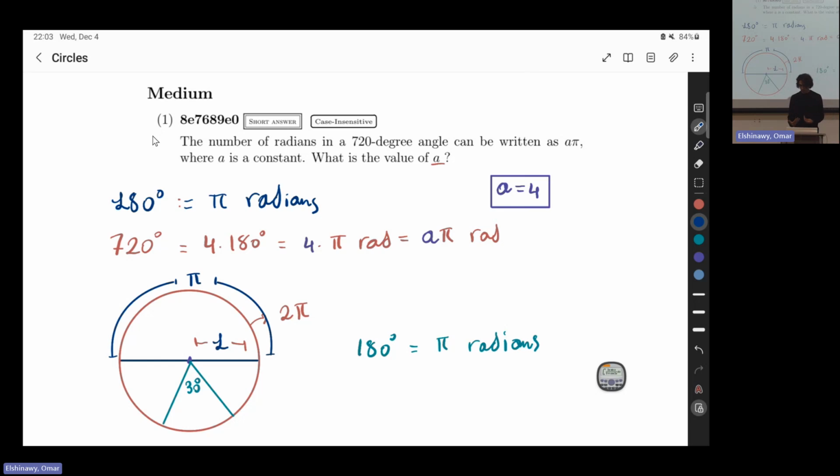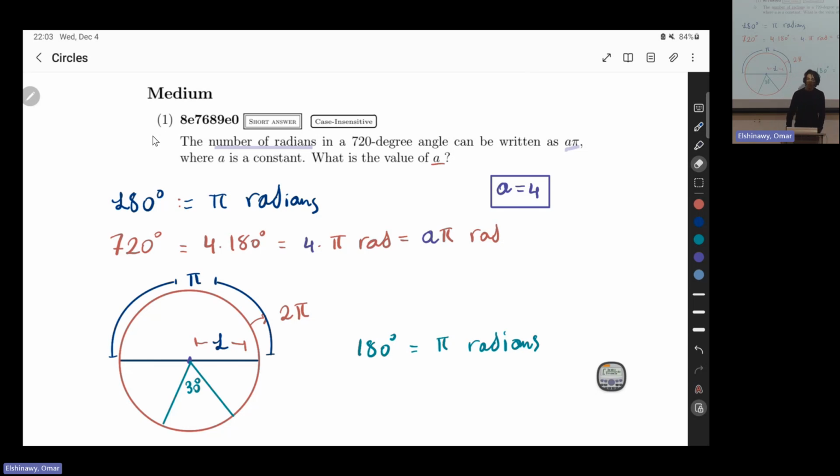And we can extend this by saying, okay, 180 degrees is 1 pi radians, then 4 times 180 degrees is 4 times 1 pi radians, it's 4 pi radians. Finally, we are asked to write our number of radians as a pi. And then we compare the coefficients to conclude.